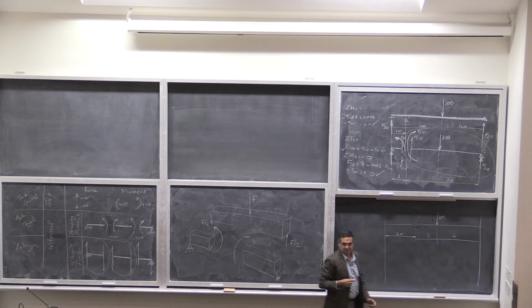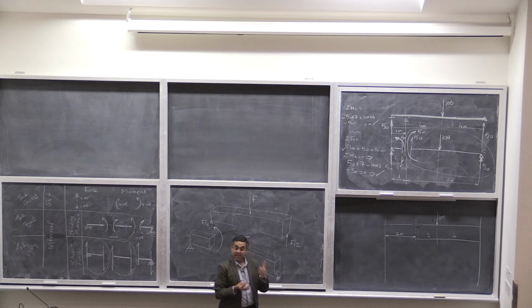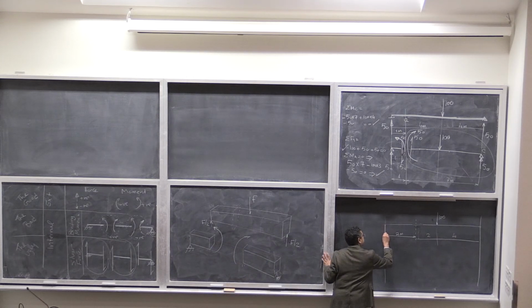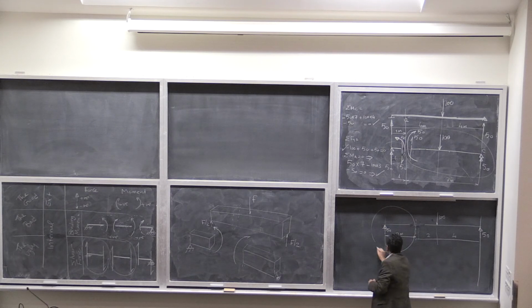Just give me a second. OK, so let's look at point B at 2 meters. Point B at 2 meters, well, I have here the 50. And I have here the 50. OK, well, if I want to study this section, before I do anything, this section is in positive shear.